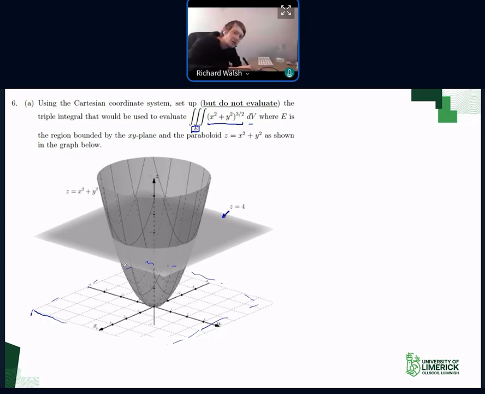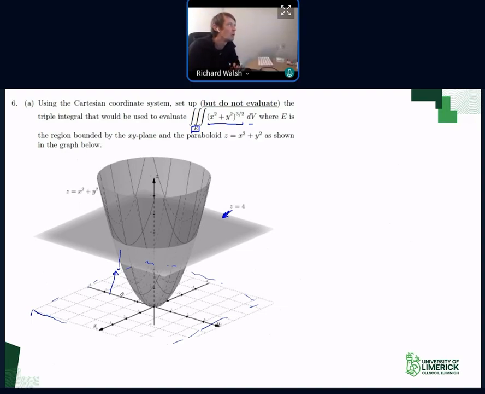So it's all of the region below this, underneath that, and above the xy plane. That's E: what's coming up on that paraboloid above the xy plane and below z equals 4. That's the region in question.